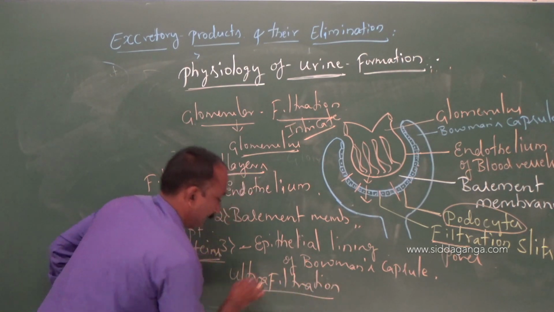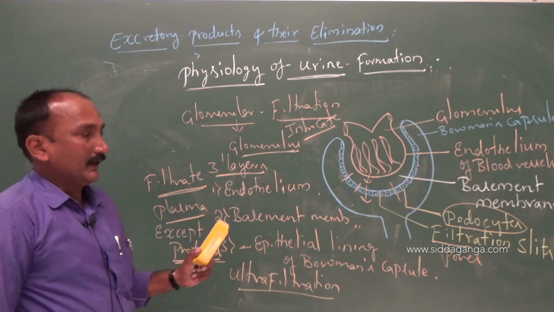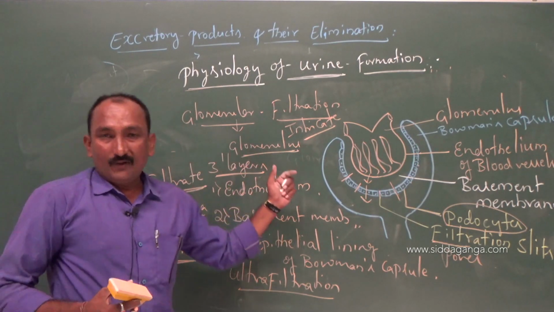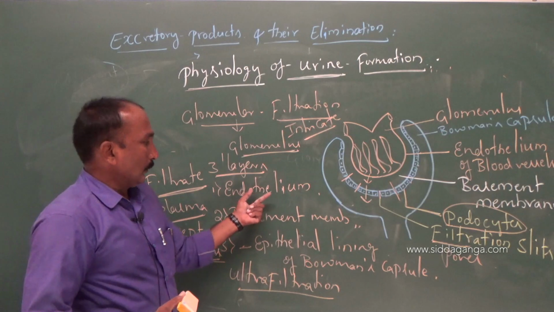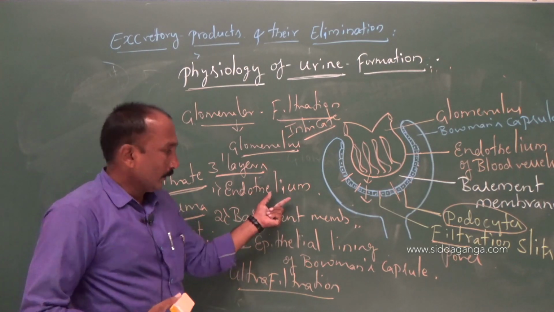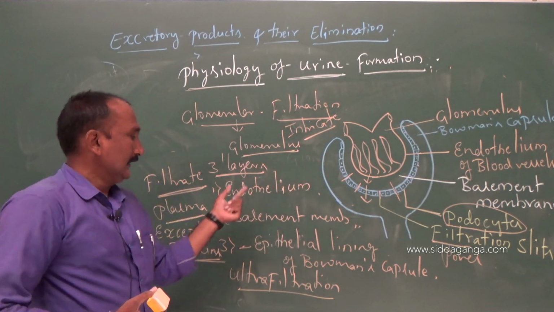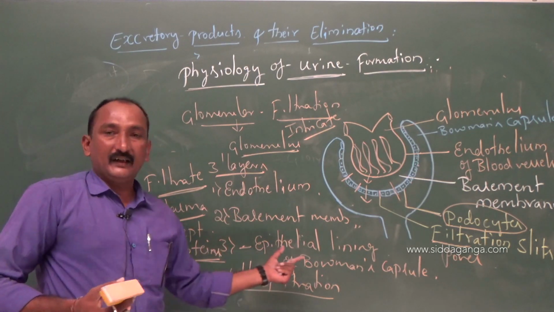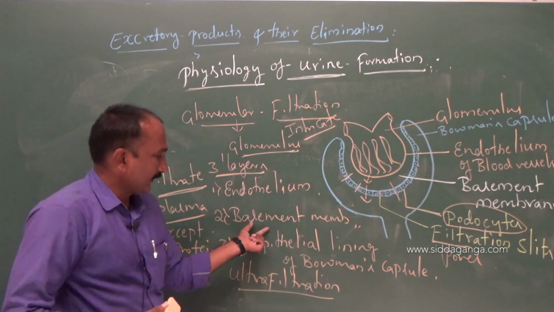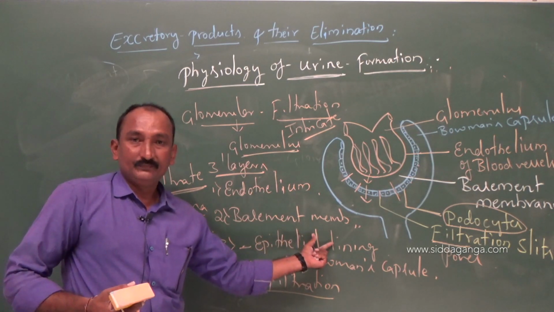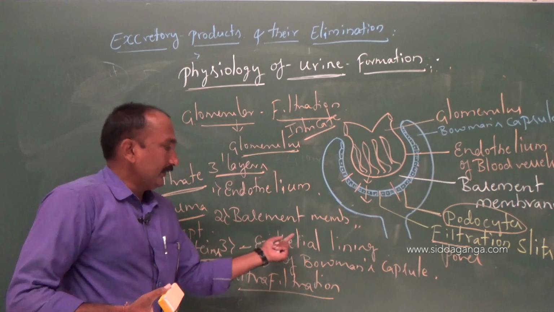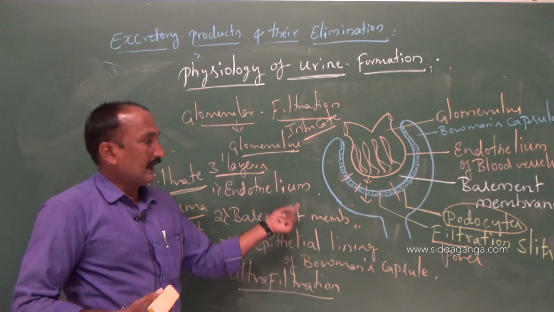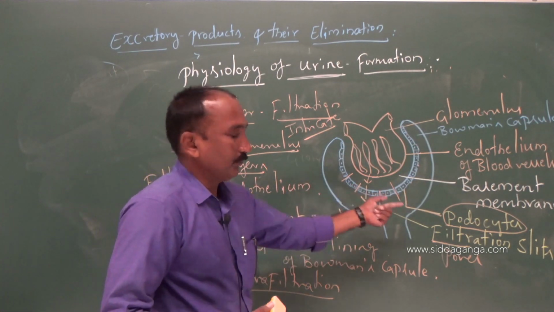So the concept you should understand is that the glomerular filtration occurs through three layers: the endothelium of the blood vessel, and between the endothelium and the epithelial lining of the Bowman's capsule, the basement membrane, and also the epithelial lining has specialized cells, podocytes.